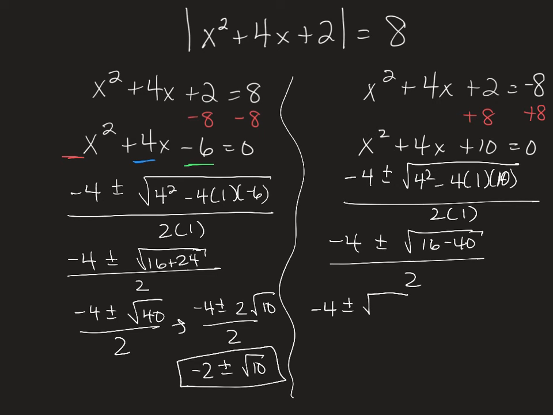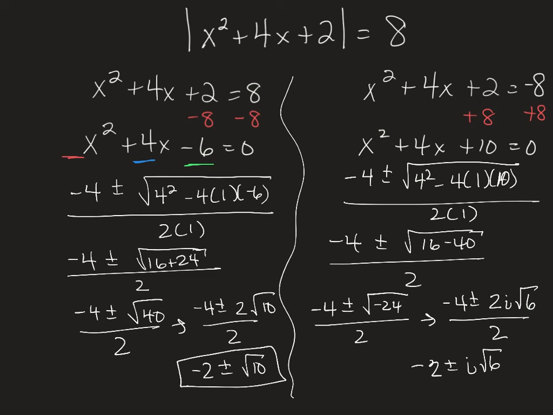That is going to then work out to be, give me a second there, negative 24 over 2. Again, we need to reduce this, so this is negative 4 plus or minus 2i square roots of 6, all over 2. So this becomes negative 2 plus or minus i square root of 6. And those are your answers.